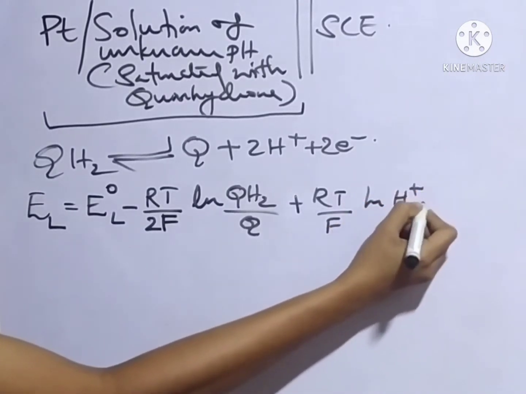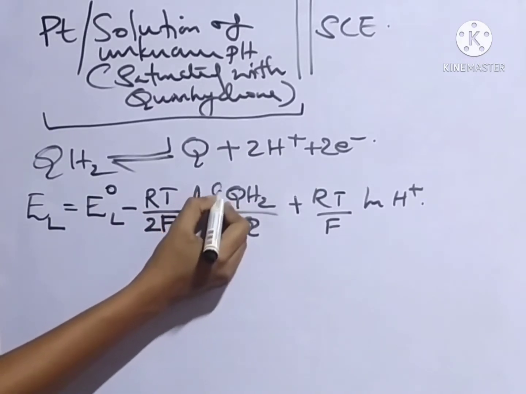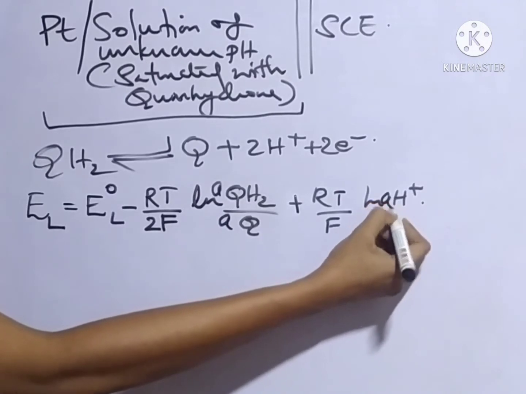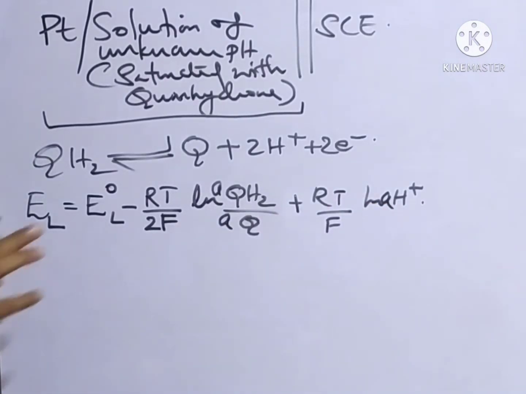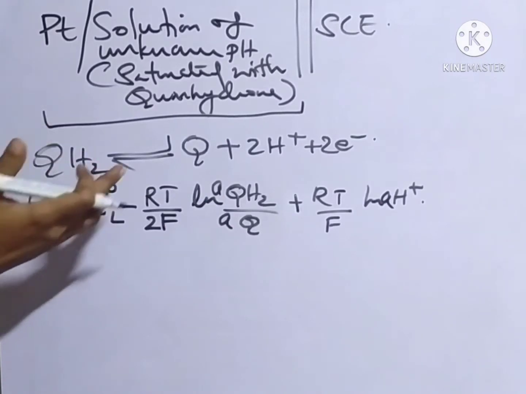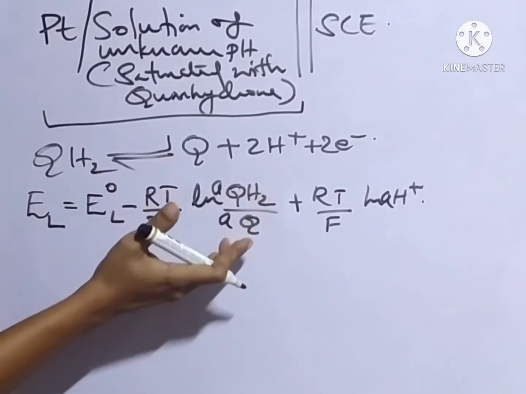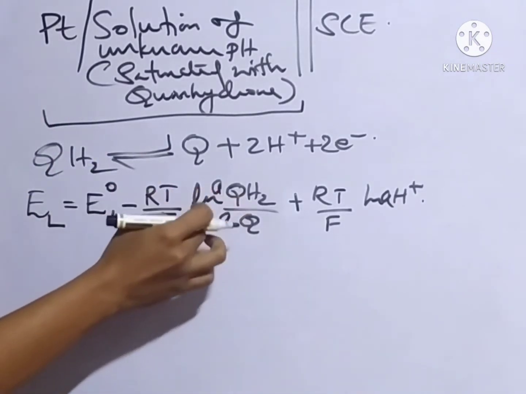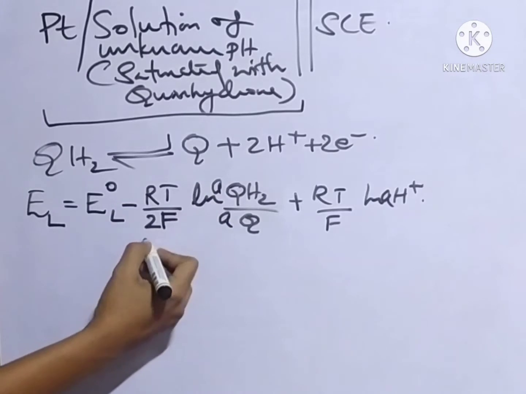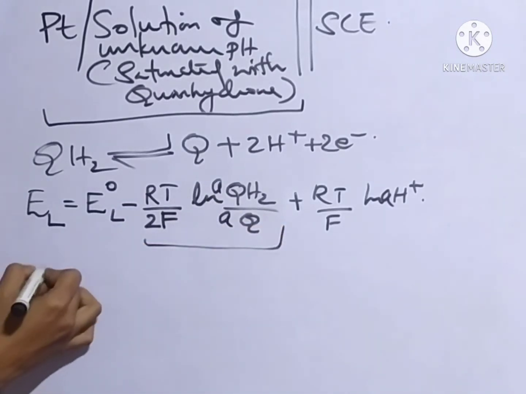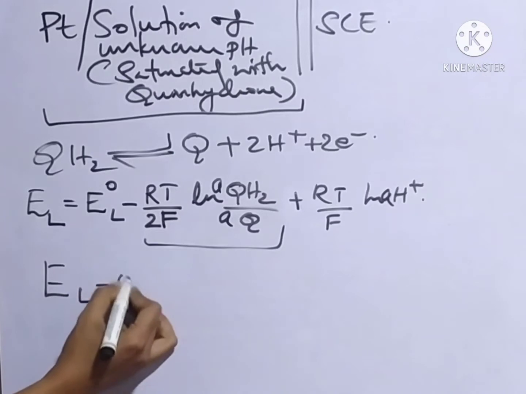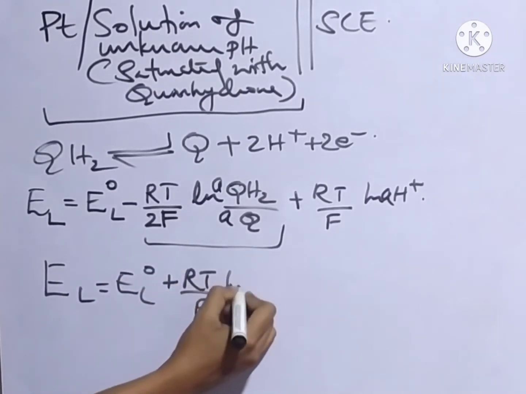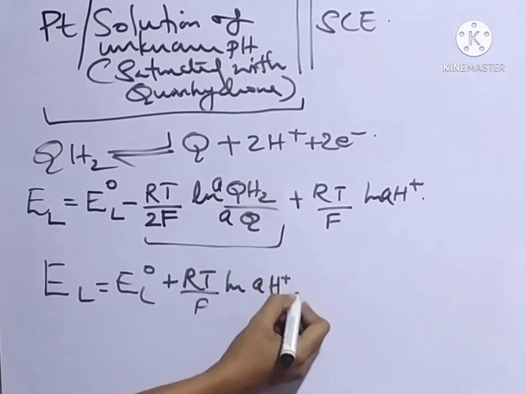Okay. So in all these terms, activity is there: activity of QH2 divided by activity of Q, and activity of H plus. Just assume that the effective concentration of hydroquinone divided by quinone is unity. So this term ln 1 equals 0, and it will be cancelled, and we will get EL equal to E0L plus RT by F ln aH plus.